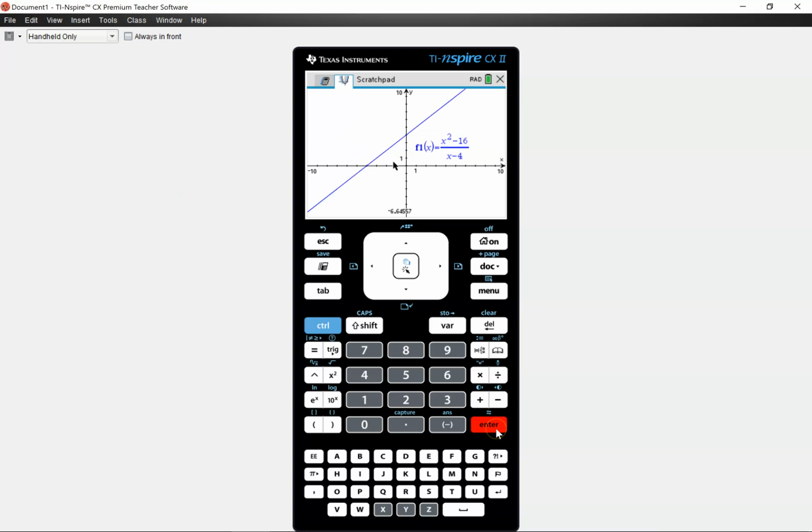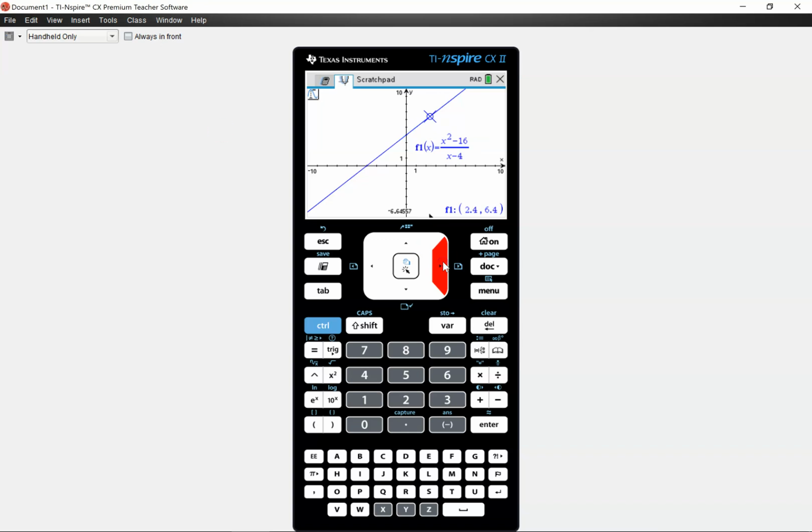At first glance, there doesn't seem to be any discontinuities here. None of that scary stuff I was talking about, dividing by 0. But wait, what happens as you approach 4? If you trace, what happens as you approach 4?